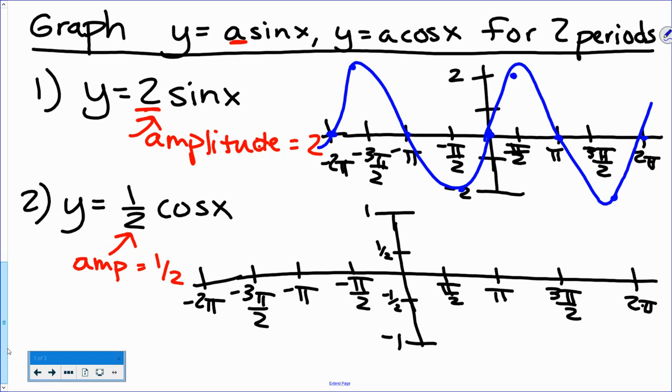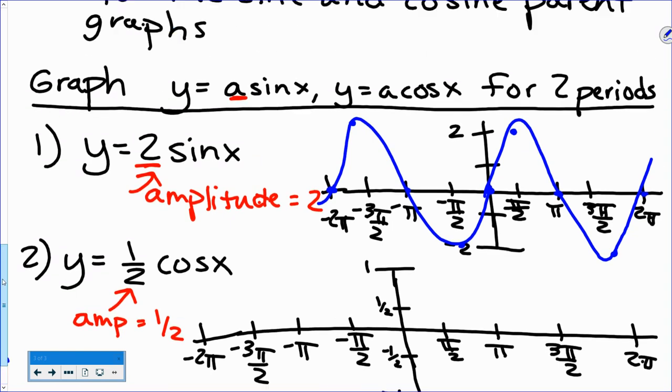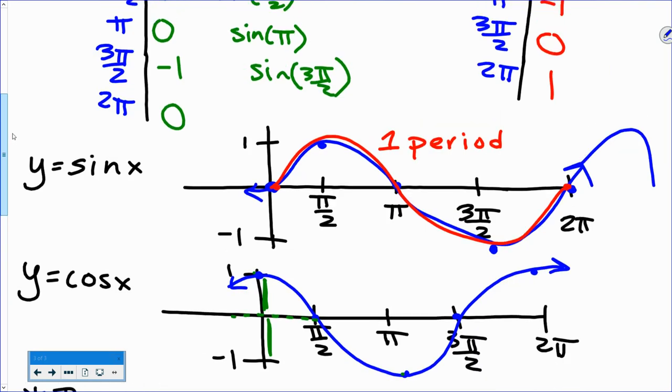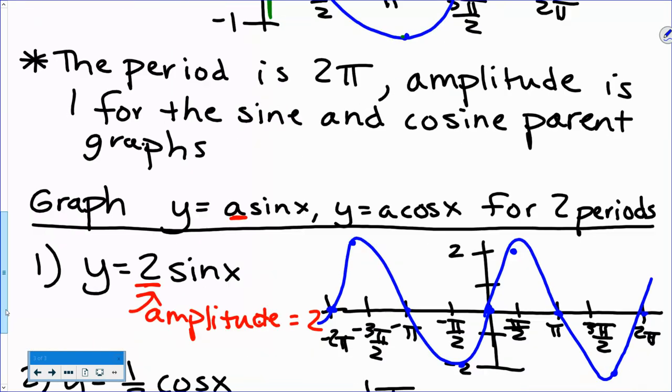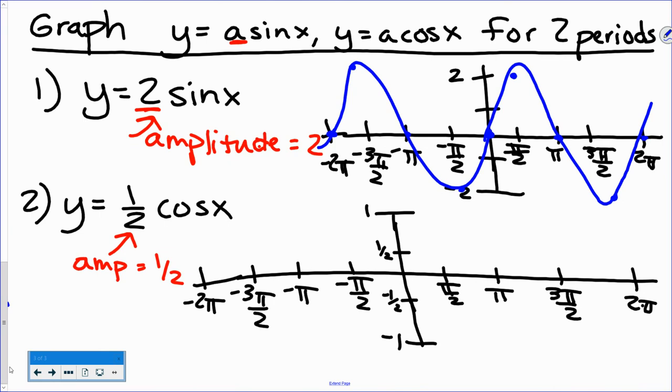All right, so with cosine, a little bit different than sine, we do not do the 0, 0. Cosine had 0, 1 in its parent. All right, but now we just cut 1 in half, and we're using a half. So we go 0, a half, then we go down, then we go to negative a half, back to the x, and back to the 1/2.